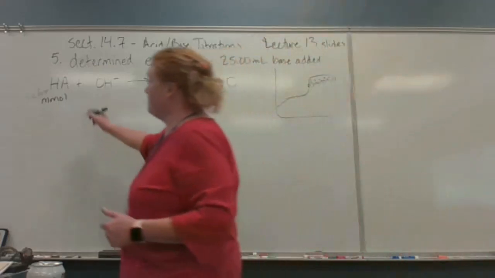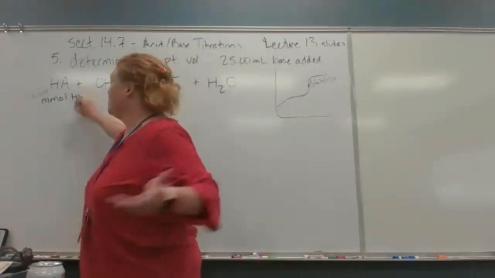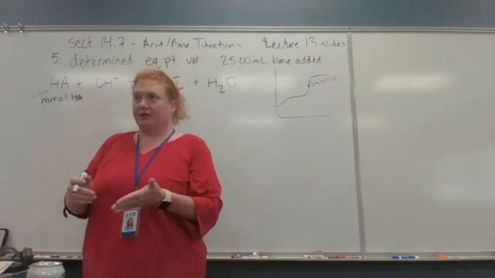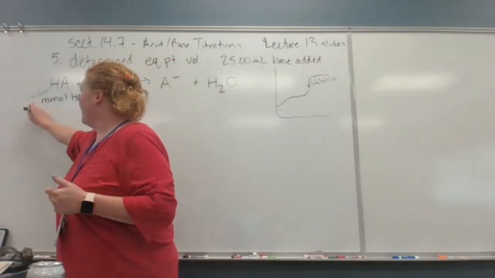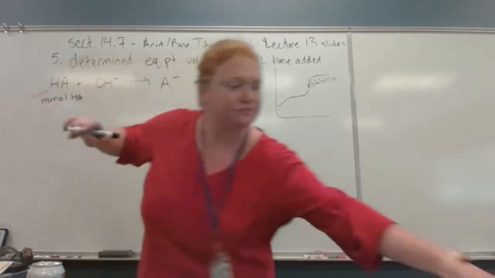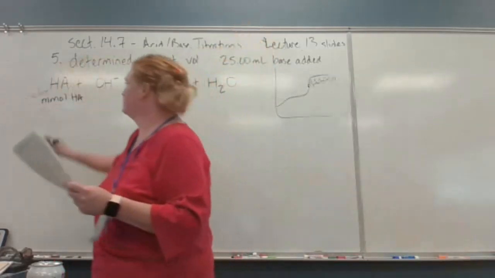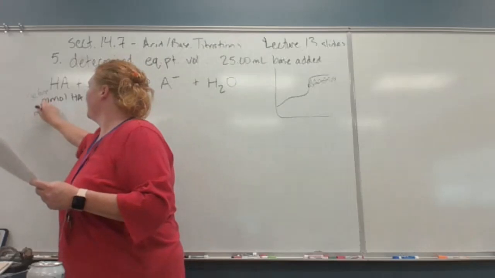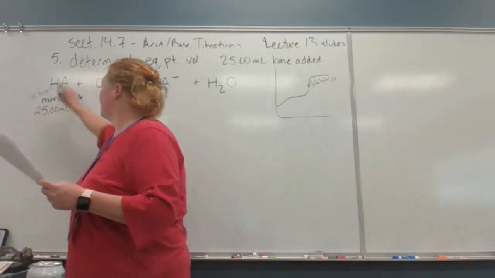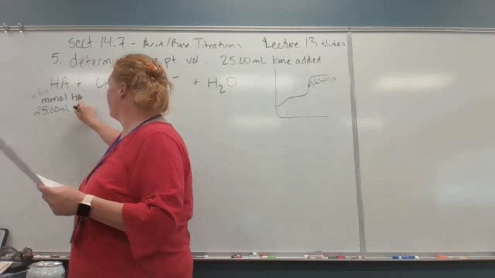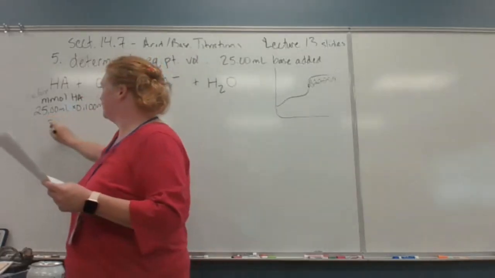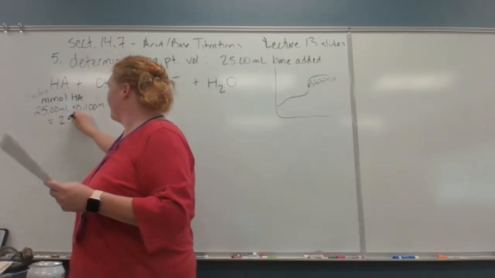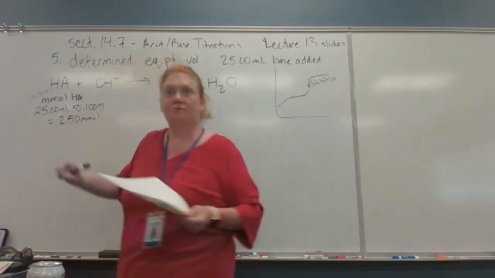How do we calculate how many millimoles of anything that we have? Volume times molarity. So we had 25 milliliters of acetic acid, and it's 0.1 molar. So that is 2.50 millimoles, right? Okay.